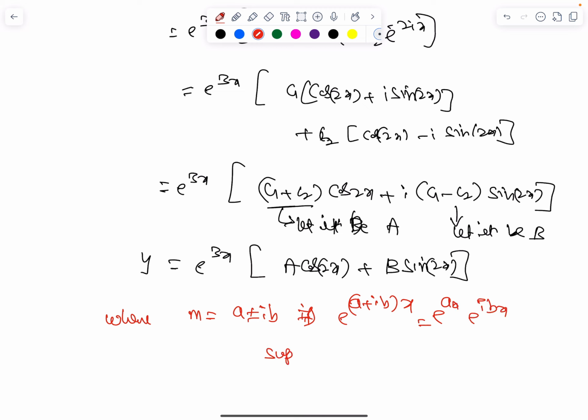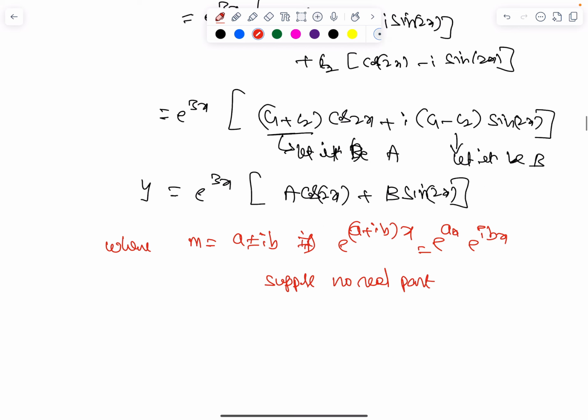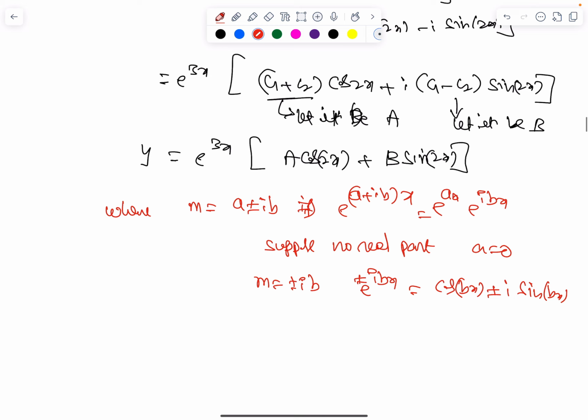Suppose there is no real part. In that case, a is 0. Therefore, your roots are plus or minus ib, and your solution is e power ibx, which is equal to cos bx plus or minus i sin bx. Whenever there is no real part, you can easily simplify further.